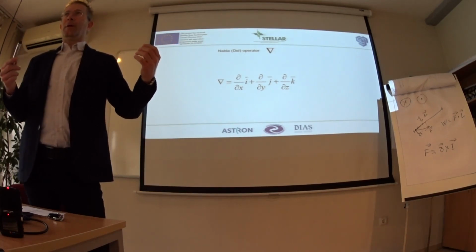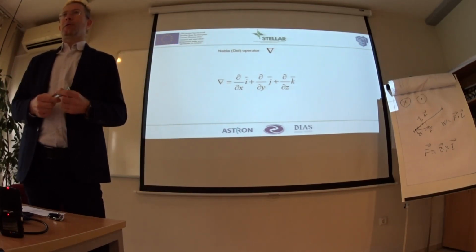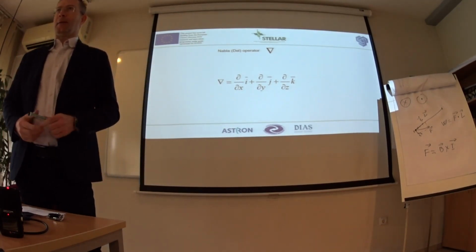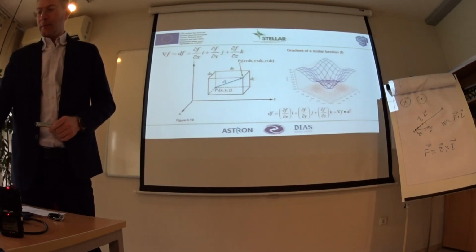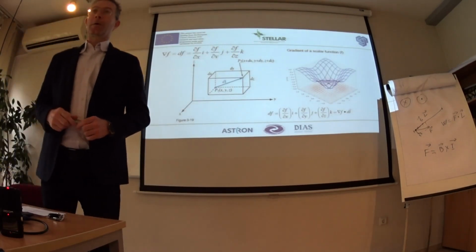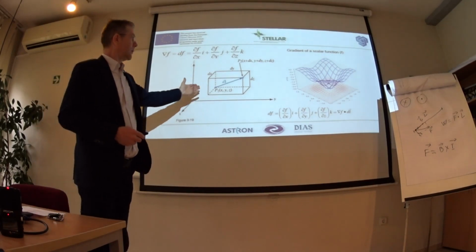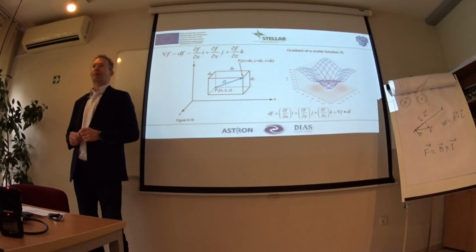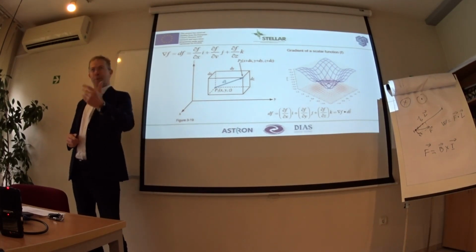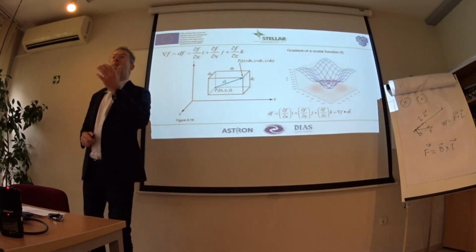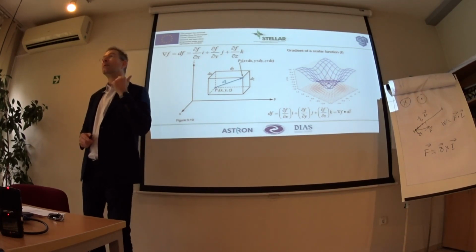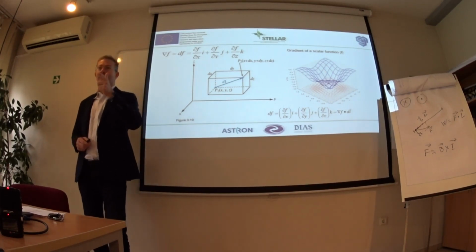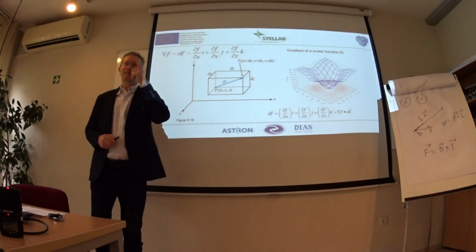It has quite a lot of applications in modern tech. For example, what does the del operator give us? The speed. The direction. Good, yes. The speed is one of them. The direction in which whatever we're taking a derivative of increases. You're almost there. Great math, I sense in you.